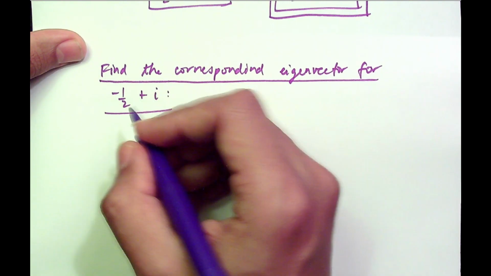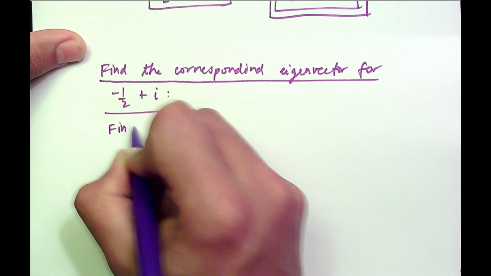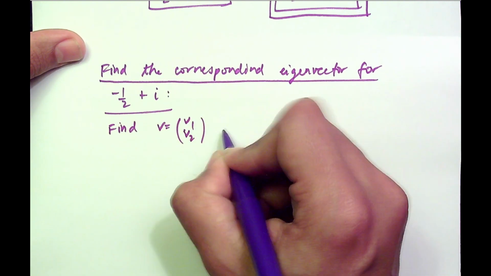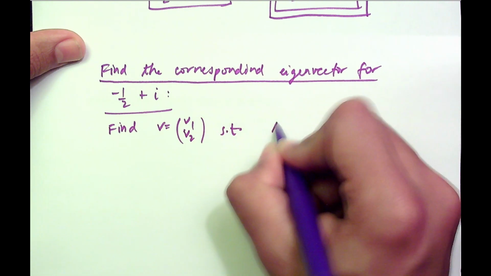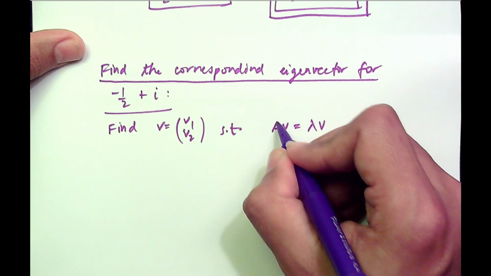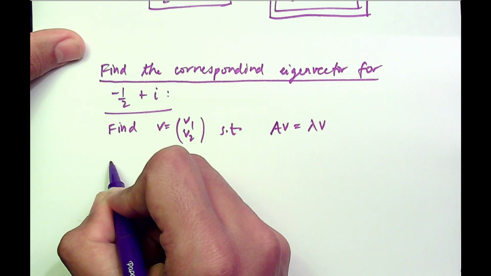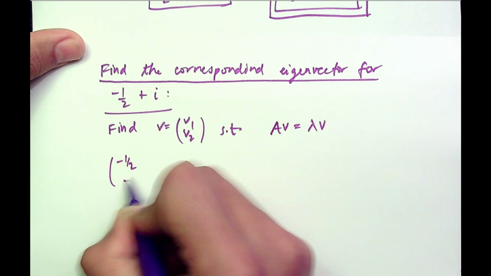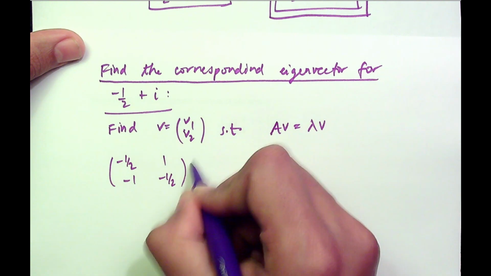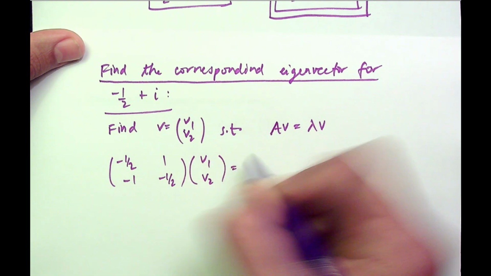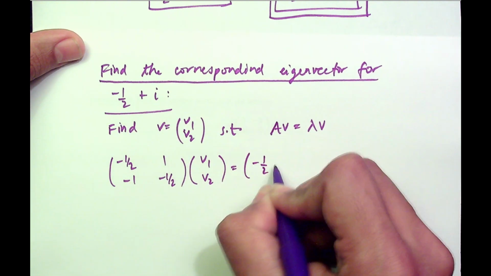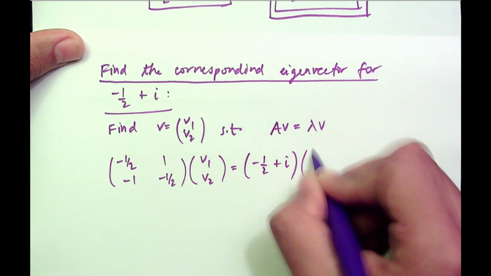So we have to find a vector v1, v2 such that A v equals lambda v. The matrix was negative a half, negative 1, 1, negative a half. The vector we have is v1, v2. The lambda, remember, that's the eigenvalue, is negative a half plus i, times v1, v2.